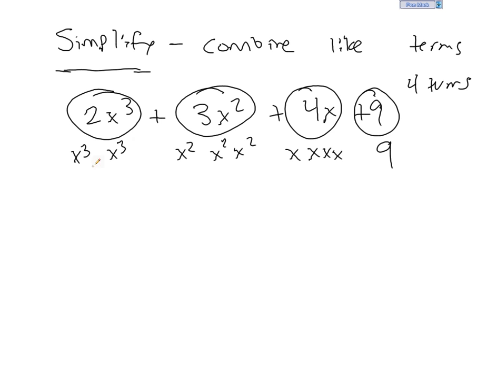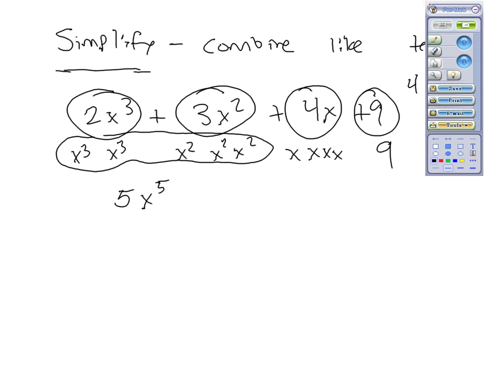So how could I possibly combine apples and oranges and say what a lot of people want to say, which is, oh, does this mean I have 5x to the fifths? Well, not only have you changed the quantity, but you've also called them something else. So you've said that having 2 apples and 3 oranges produces 5 apples or oranges or something like that. So we can't really combine that way because we're not combining like things.